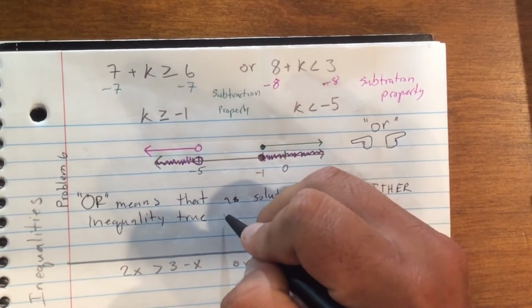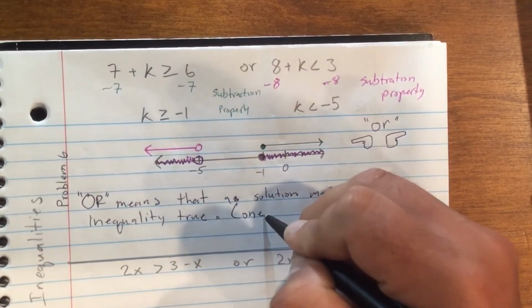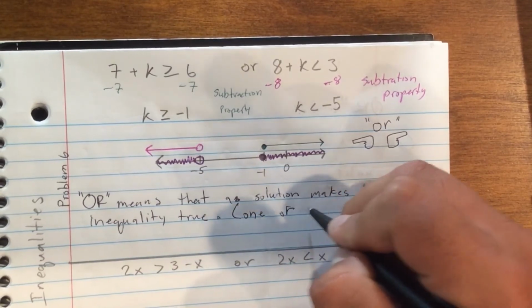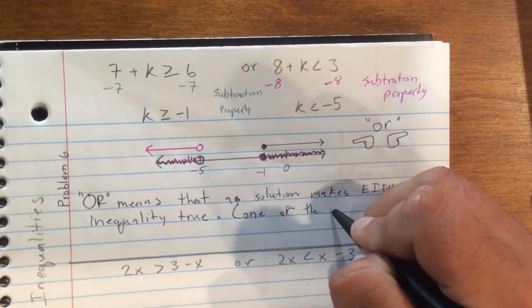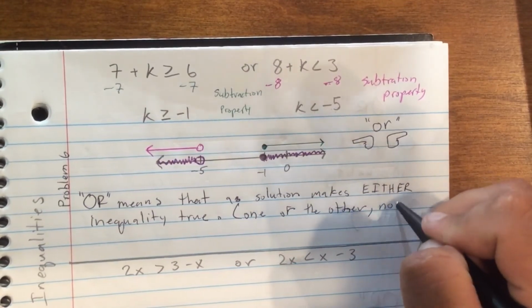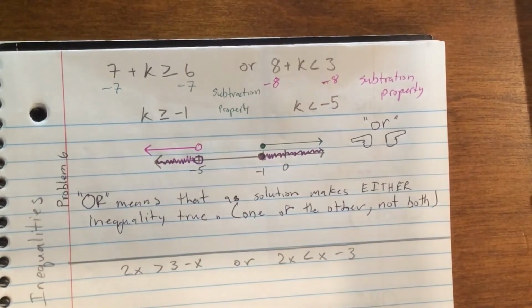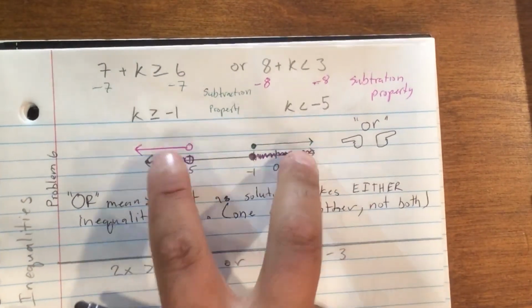So basically it means one or the other, not both, are true. Okay, so it's going to be one or the other. It can't be both because that's an OR.